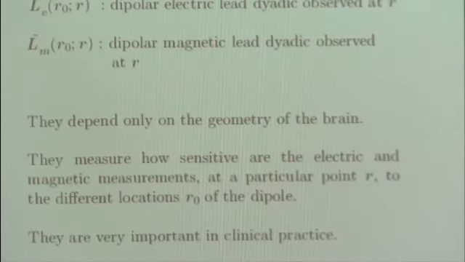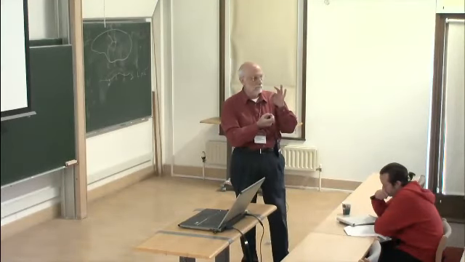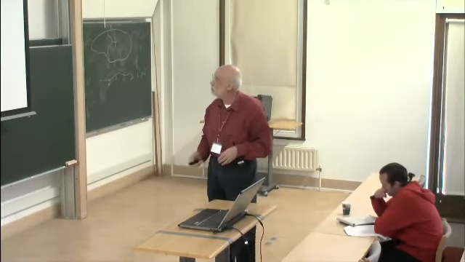You do the same thing with the B here. So the LE is the dipolar electric lead dyadic observed at rho, and so on. Basically, they measure how sensitive the electric and magnetic measurements at a point are if you move the source. And that's why it's important for medical applications.